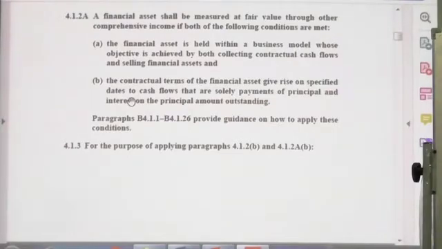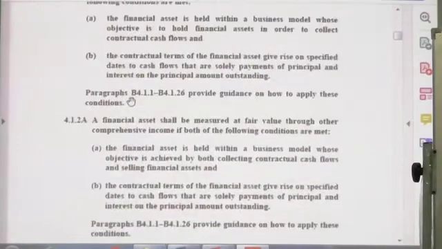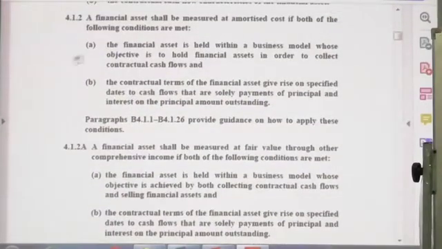Got it? Therefore, what you need to do here, note down the 412 debt, investment on debt at amortized cost. Clear?